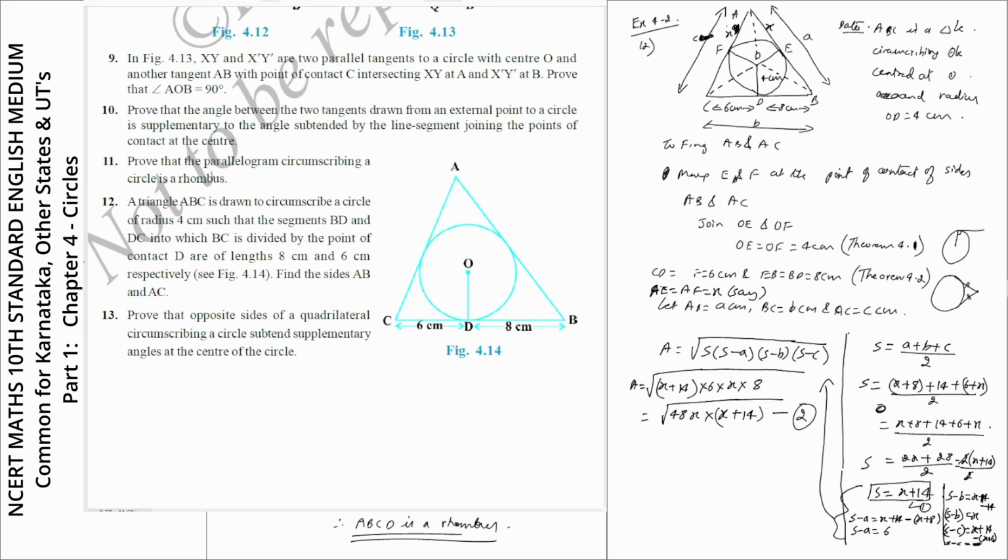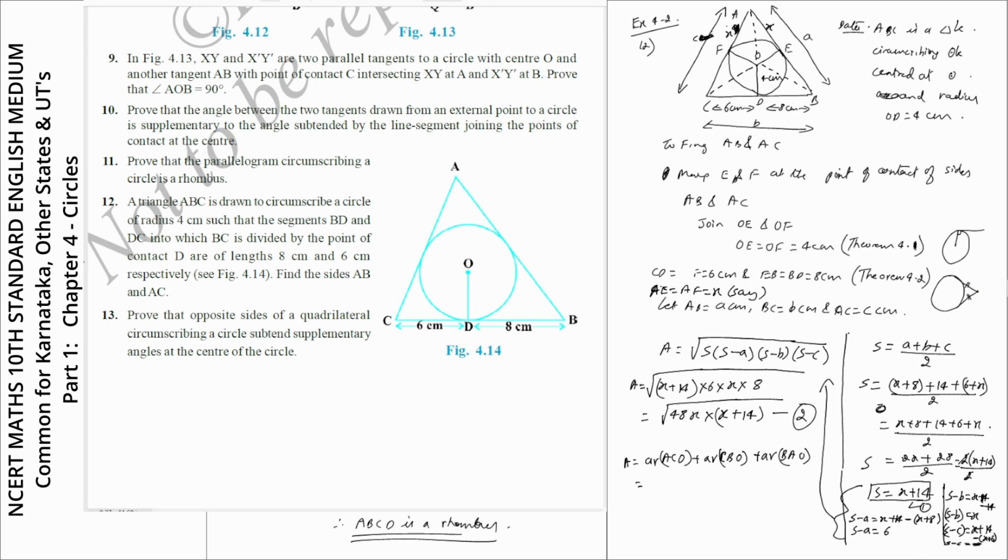Now the area of the triangle ACB is also given by area of triangle ACO plus area of triangle CBO plus area of triangle BAO.